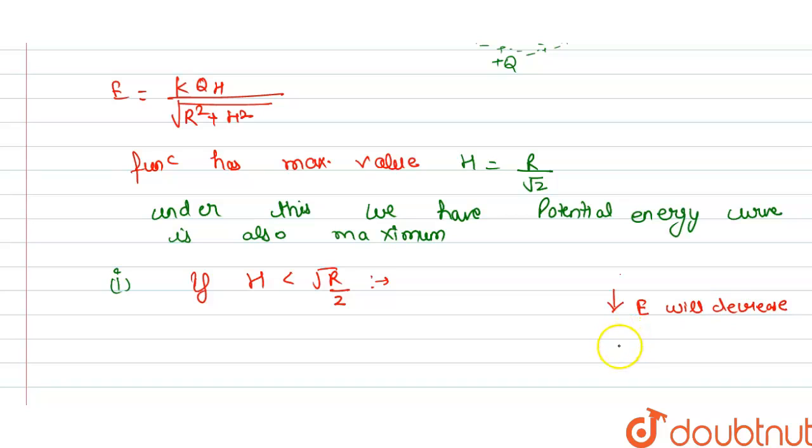And so the upward QE, that is charge Q into E, also decreases, and so the particle will move finally downward, away from the equilibrium.